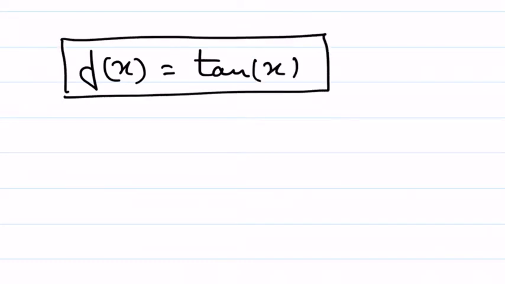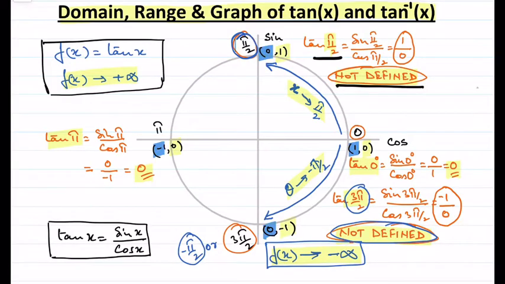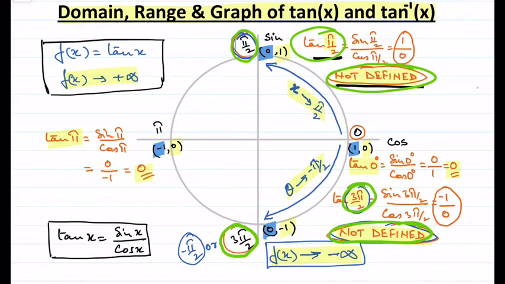So now let's find out the domain and range of the function f(x) equals tan x. So for the domain, as we already know that at pi by 2 and 3 pi by 2, the function is not defined. Similarly, the function will not be defined at 5 pi by 2, 7 pi by 2, 9 pi by 2, 11 pi by 2 and so on.